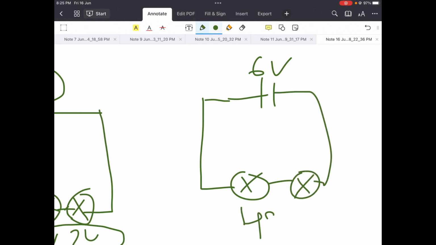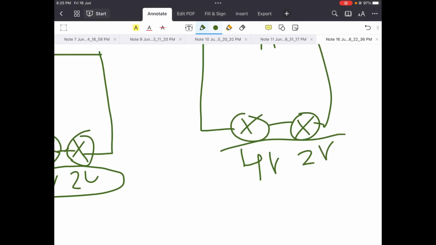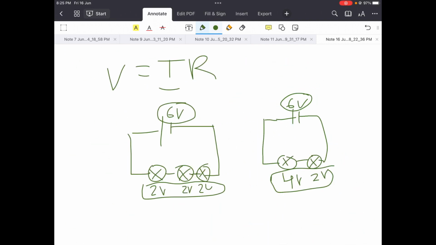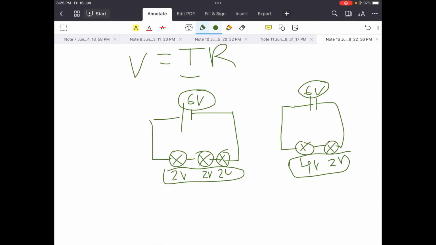Let's say this gets 4 volts, this gets 2 volts. The sum of the voltages of components in the series is always equal to the voltage of the cell.